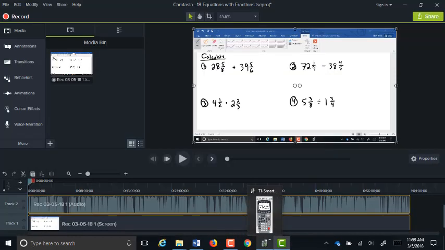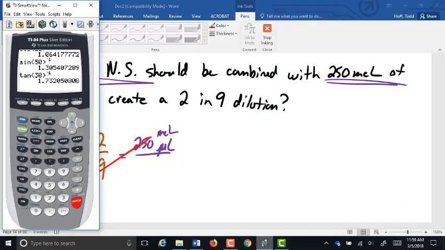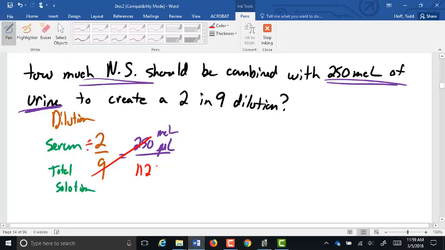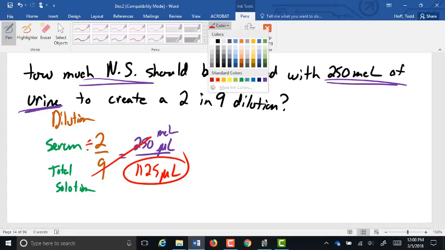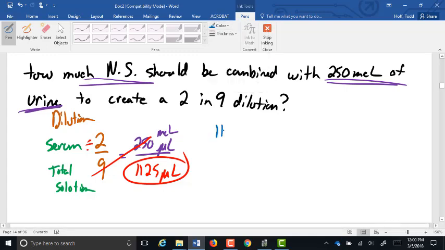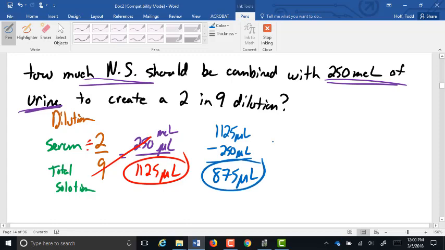I believe that's 1125. Let me double check that. It is 1125. The units will be the same. That'll be microliters. So we would get a total solution of 1125, but we want to know how much saline is needed, so we have to subtract. 1125 microliters minus the 250 microliters is 875 microliters.